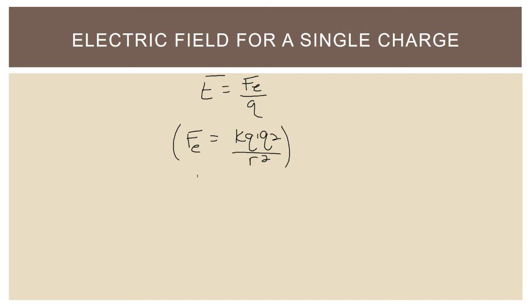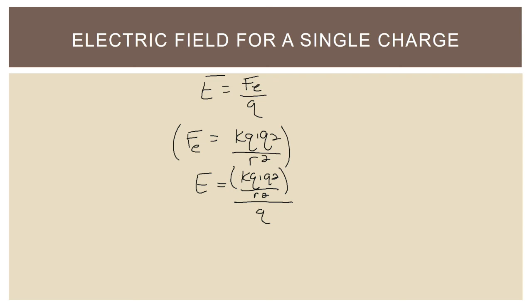And so we can substitute that equation in for Fe in the electric field equation and see what we get. We're basically just replacing Fe in this equation with K Q1 Q2 over R squared.